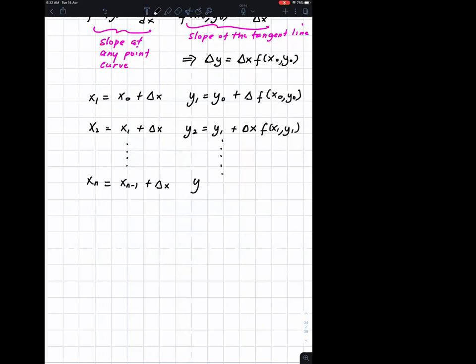And therefore, the y point, y of n, is going to be the previous y point plus delta x multiplied by f of x n minus 1, y n minus 1. Okay, this is the general formula.